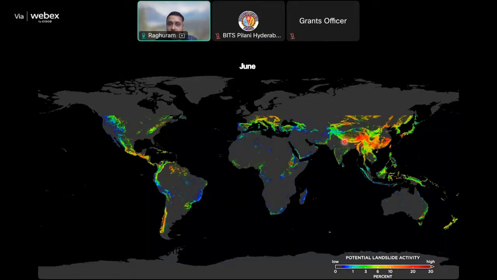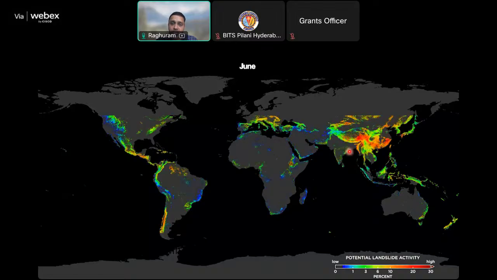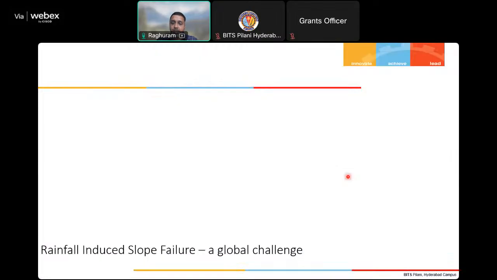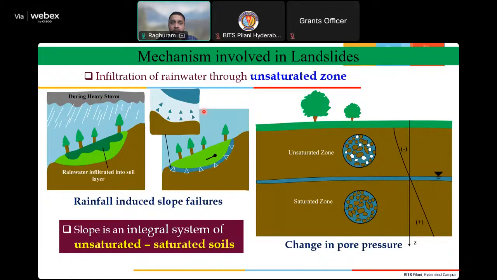You can see the hotspots, maybe in June, July in India, where you can see the northeastern part and some part of the southern part of India being prone to slope failures or landslides. Here is the zoomed version of the same thing, and you can notice devastating failures across India.